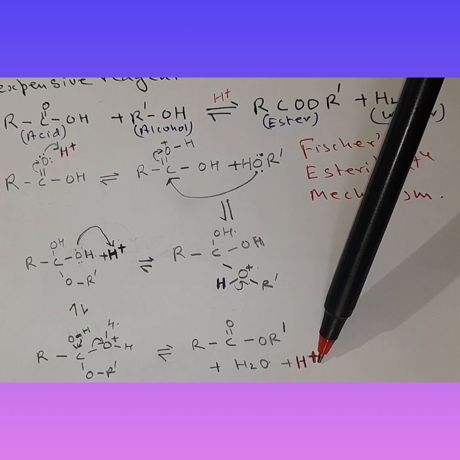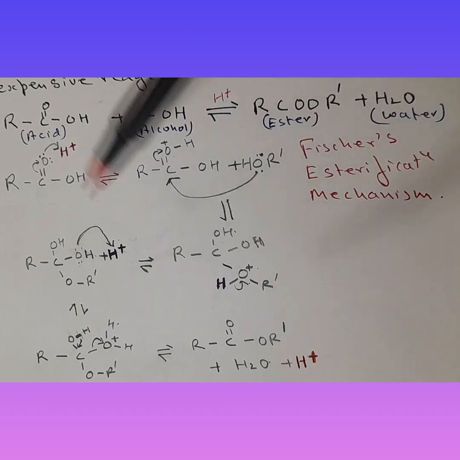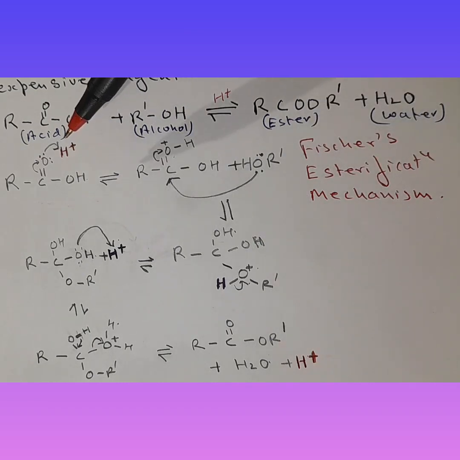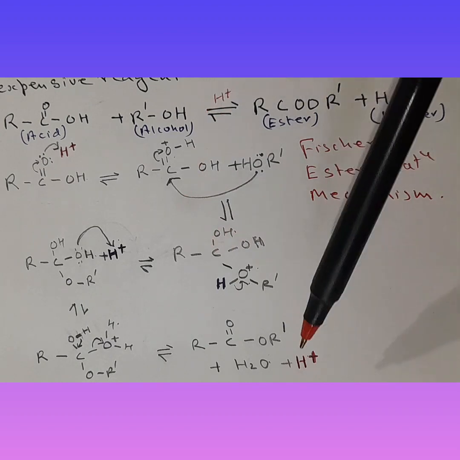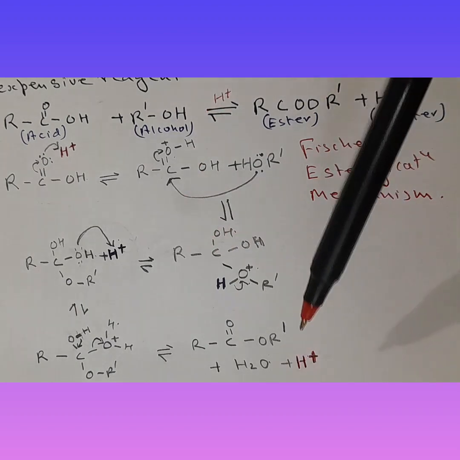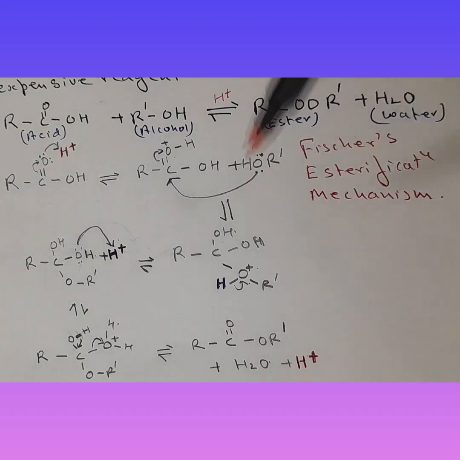Mind you, we use a catalyst. We use a small quantity of, say, sulfuric acid as catalyst. Now, catalyst, we have learned, takes part in the reaction but is recovered again. So this H plus took part in the reaction, but this H plus is recovered back again, and that's how we explain catalyst.